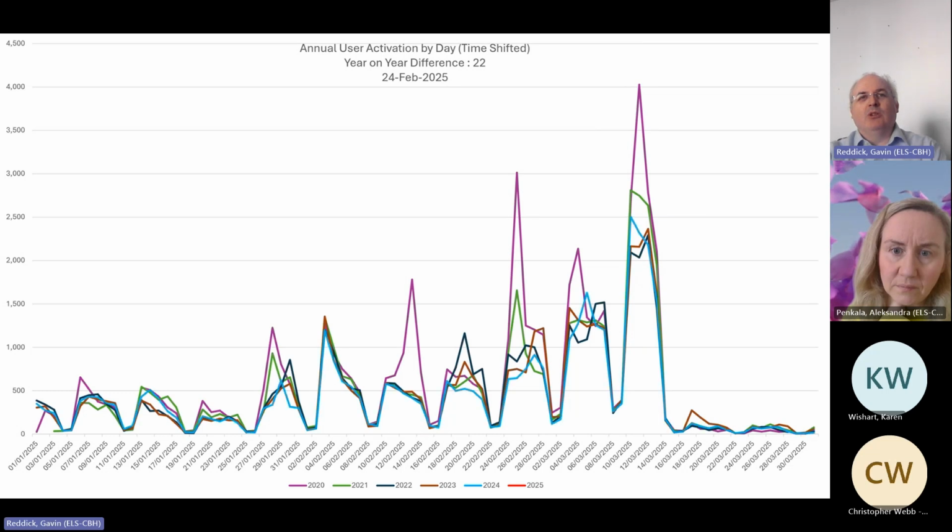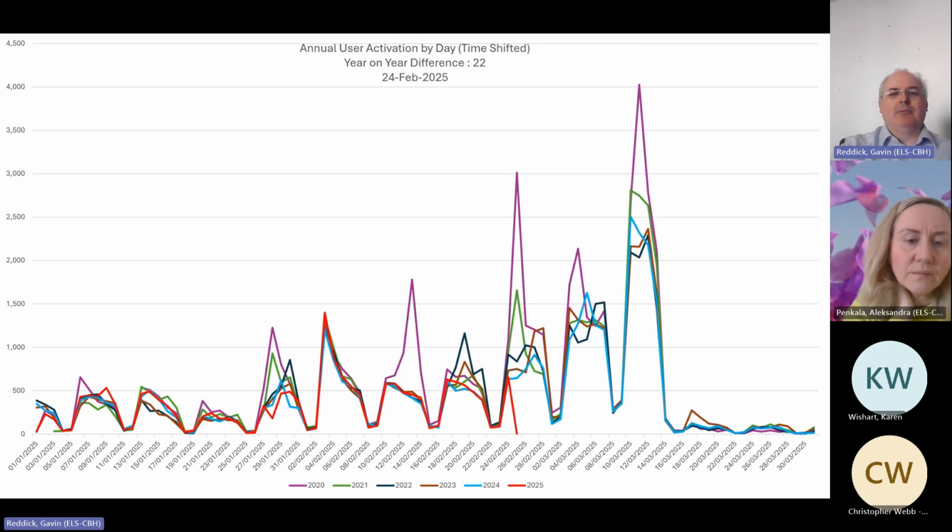2024 is the one that we would look to as being the most immediate one that we're more likely to track. And then finally 2025, which is red. From this, you should take that the number of new activations are very similar.